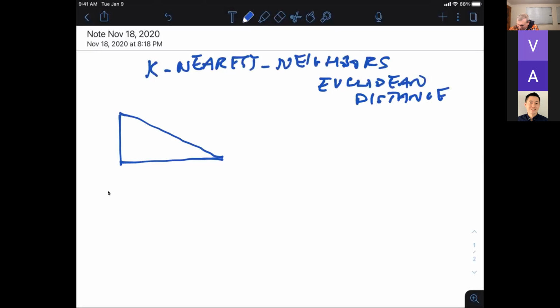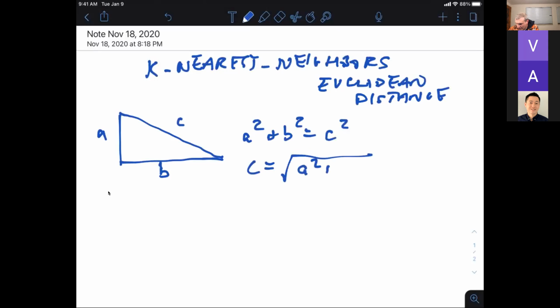And so, if you have A here and B and C, you have A squared plus B squared equals C squared, right? Or more generically, A squared plus B squared.